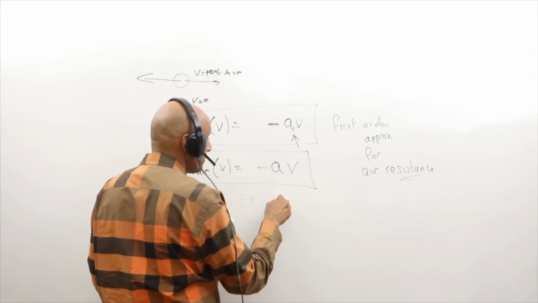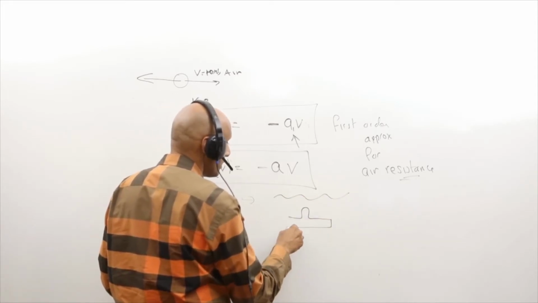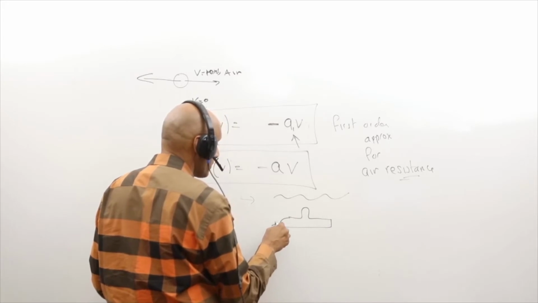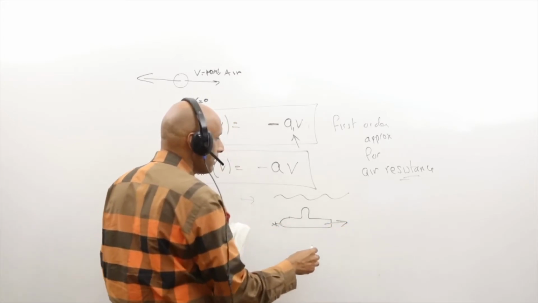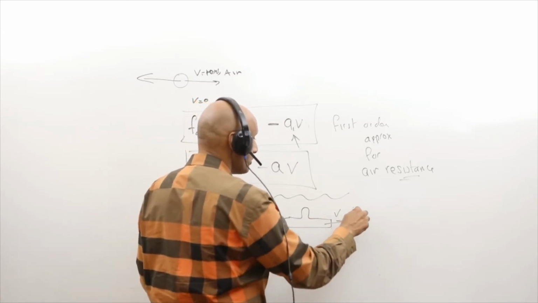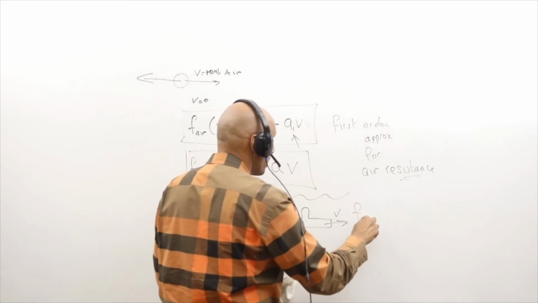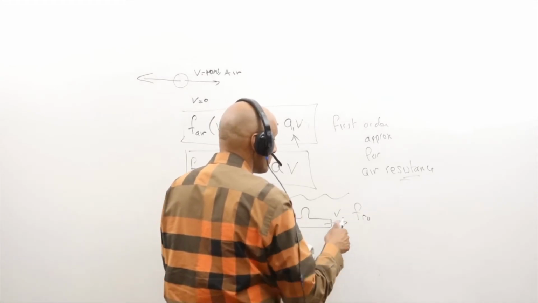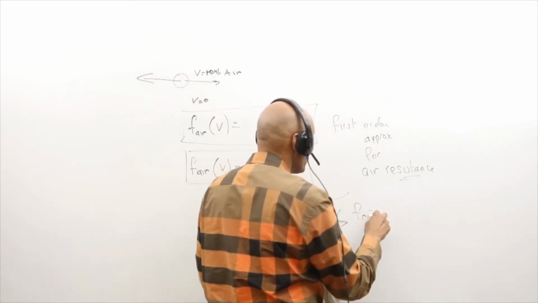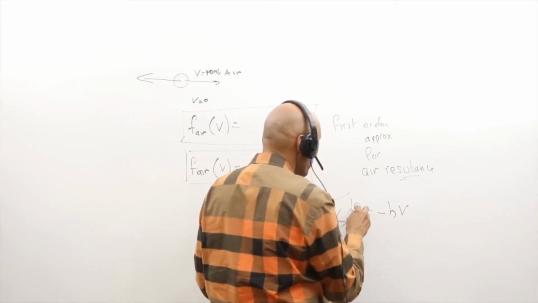So for example, here is some liquid, here's our submarine, here is the propeller, it's traveling with a velocity v, and to a first order approximation, I can assume that the force of resistance, let's call it Fr, to water, R, is equal to some constant b, the negative of some constant with the velocity v.